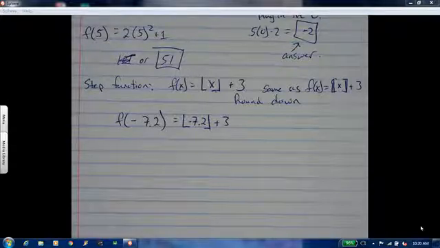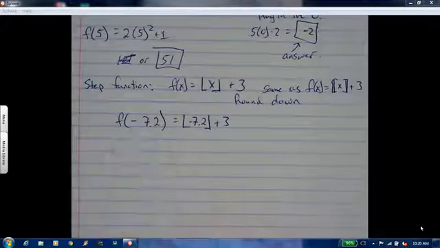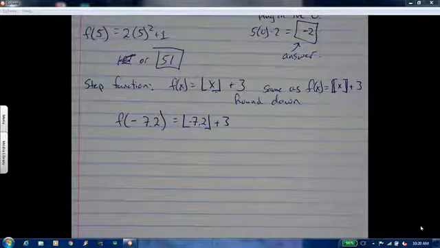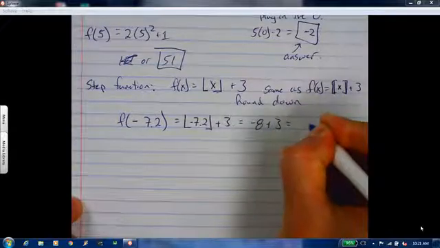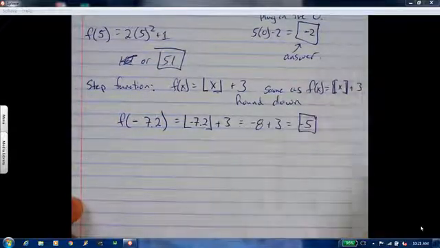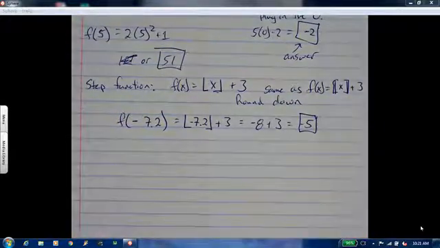Negative 8. Don't just say negative 7. If it's up here, you can just cut off the decimal. But you get down here to the negative, you have to round it down. So negative 7.2 would be here. You round it down to negative 8. So this would be negative 8 plus 3, which is negative 5. That's the final answer. A lot of us missed that when we had it on the test.